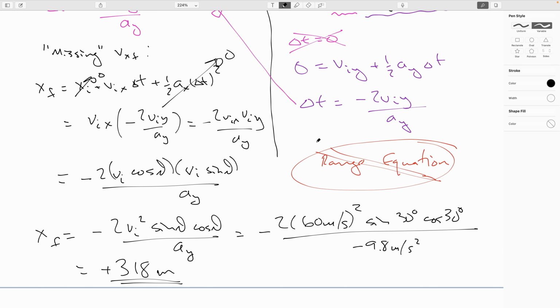So that's why even though I walked right up to it, I didn't give it to you. Now, if you don't know what the range equation is, I would actually urge you to stay ignorant of that, at least for now, because you'll find that it'll serve you a little better in the long run.